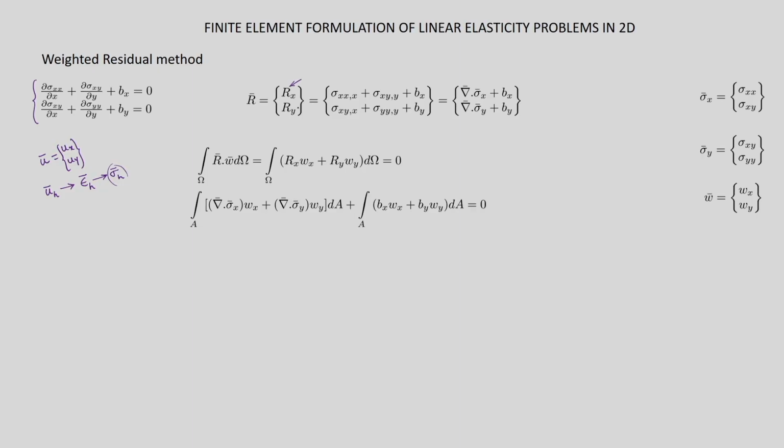That part we will term as residue. Since we have two equations, the residues of these equations are named Rx and Ry, which constitute the residue vector R bar. This is the residue from the first equation, and this is the residue from the second equation.